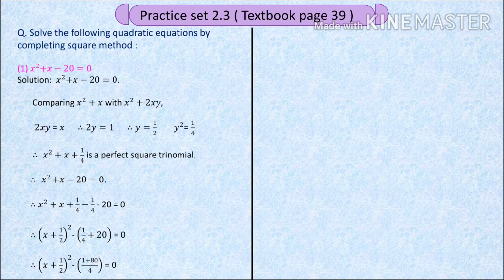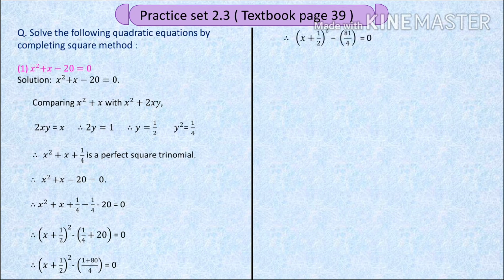Therefore x plus 1 by 2 whole bracket square minus, here make the denominator the same in the next bracket, 1 plus 20 into 4 is 80. 1 plus 80 upon 4, bracket complete, is equal to 0. Now solve that other bracket.